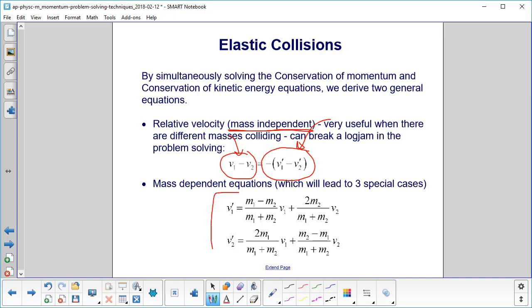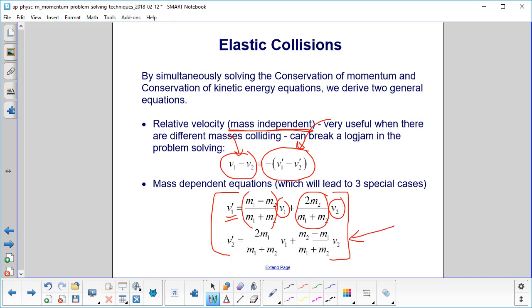Then, for mass-dependent equations, the algebra is a little trickier, a few more lines, but you can find the final velocity of object 1 by this ratio here times the original velocity of object 1, and then this ratio here times the original velocity of object 2. And the same, similar here for object 2.